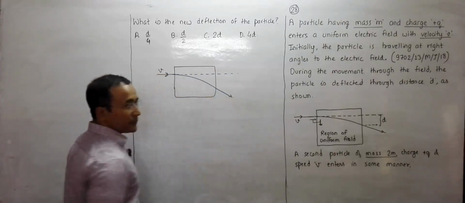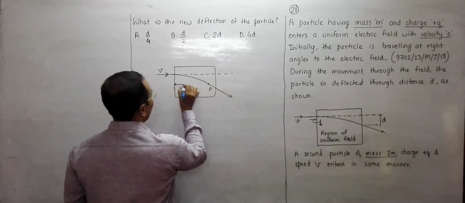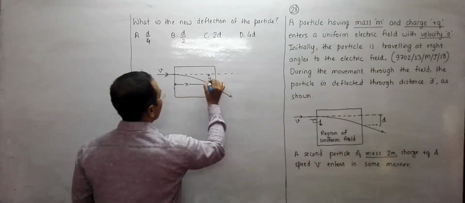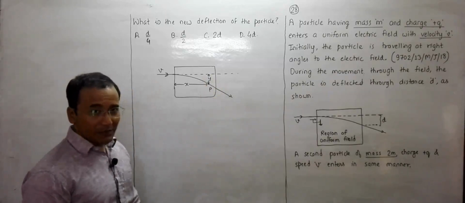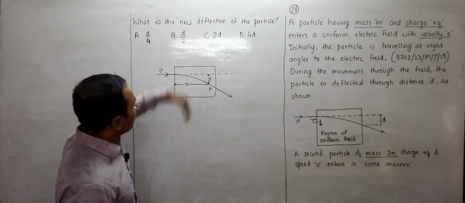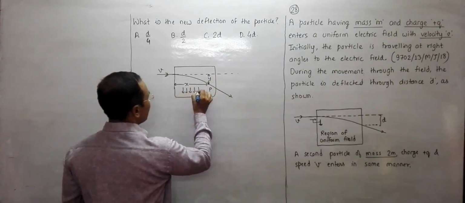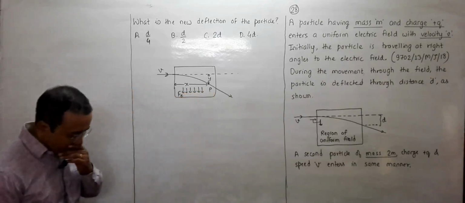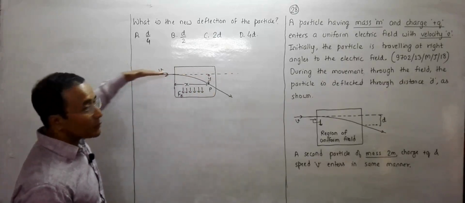If I have a certain point P here, where it has performed x horizontal and y vertical displacement, the force on the particle is in this direction, which is the electric force, Fe. So this force will have no component here.